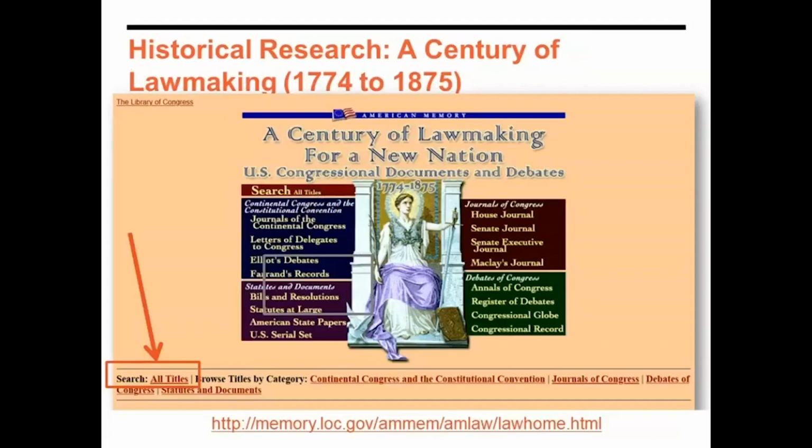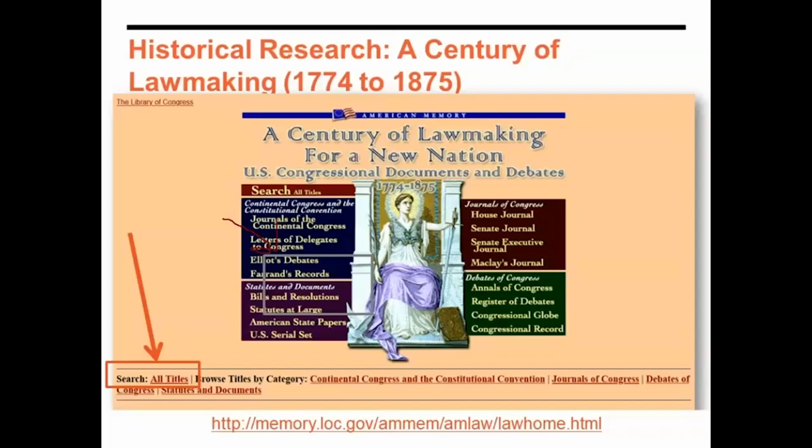And I was talking about century of lawmaking before, right? So I know this website looks maybe a little old-fashioned, and I don't know how I got this box over here. It must have been a remnant from one of my earlier slides that I forgot to delete and then didn't notice until I saw it here on the big screen. But this is what our database, Century of Lawmaking, looks like. And it contains the statutes at large from 1774 to 1875.